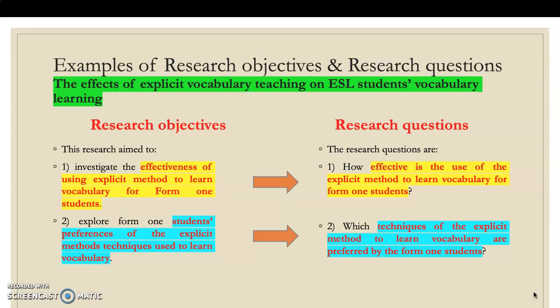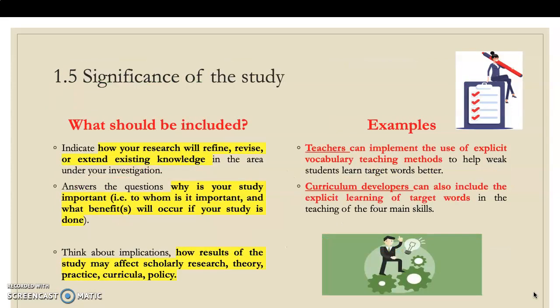The research question is in the form of a question, but it's referring to the same thing. It's similar to the second research objective, to explore Form 1 students' preferences of the explicit method techniques used to learn vocabulary. So you change it to a question. Which techniques of the explicit method to learn vocabulary are preferred by the Form 1 students? Right? Okay, so that is the research objectives and the research questions.